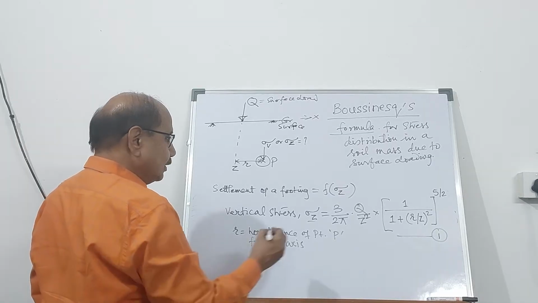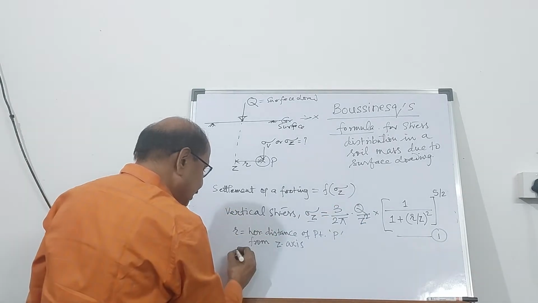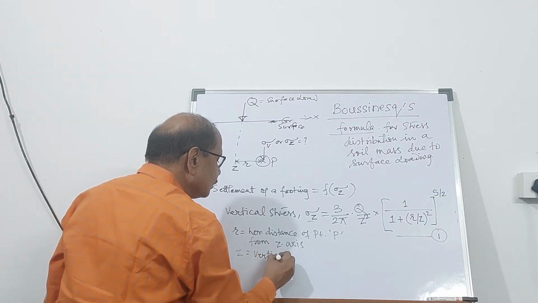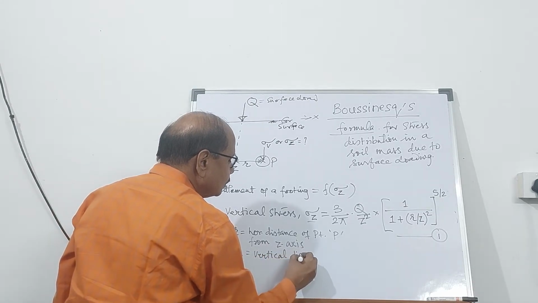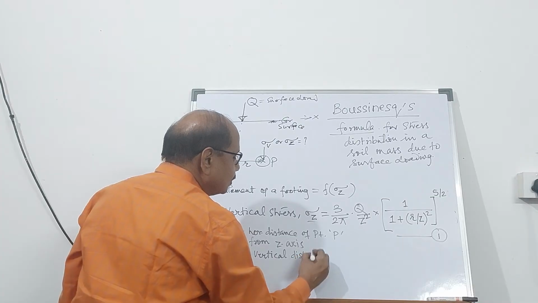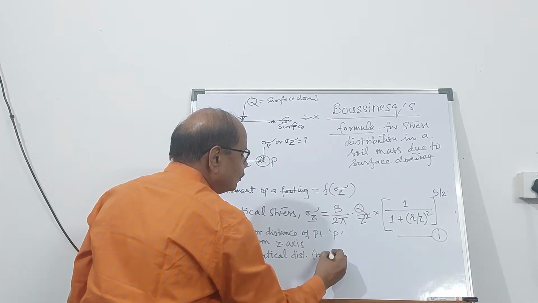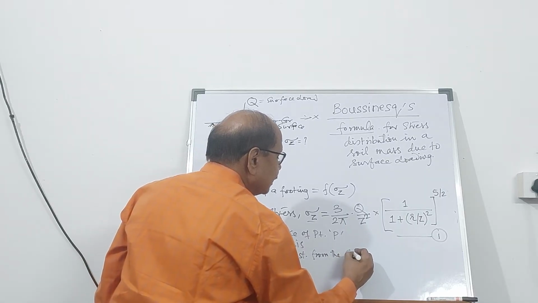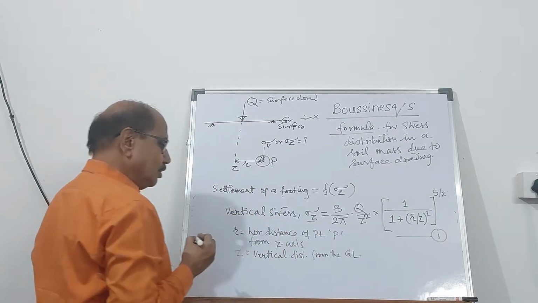And this z is the vertical distance from the ground level or ground surface.